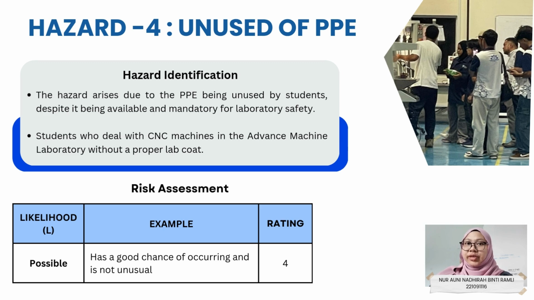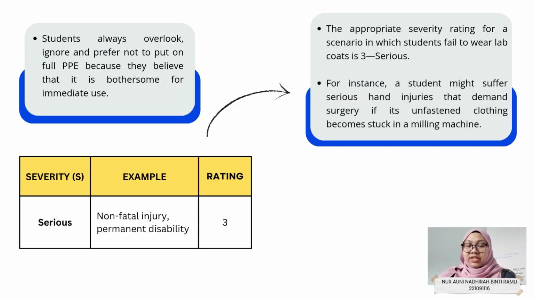I will continue with Hazard 4, unused PPE. For hazard identification, the hazard arises due to PPE being unused by students who deal with the CNC machine in the advanced machine laboratory without a proper lab coat. For risk assessment, the likelihood of this hazard is possible, with a rating of 4. Students prefer not to put on full PPE because they believe it is bothersome for immediate use.